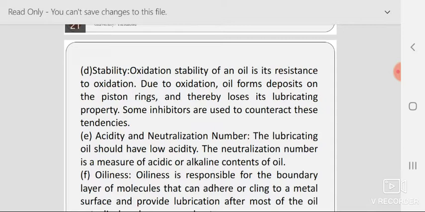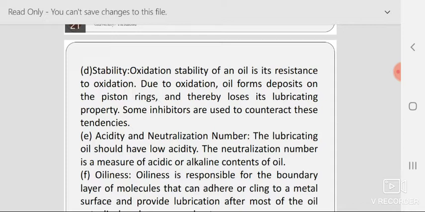To decrease the oxidation character, certain inhibitors are used. These are chemicals which are used in the lubricating oil to decrease this oxidation tendency so that the oxidation becomes less in case of an oil.